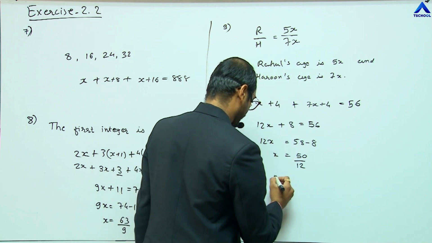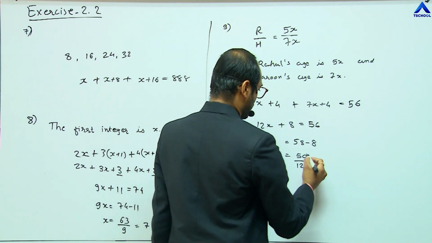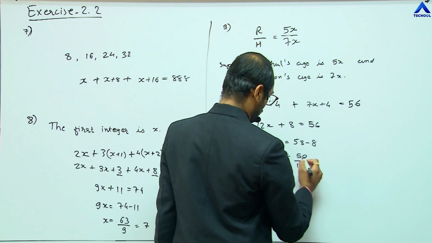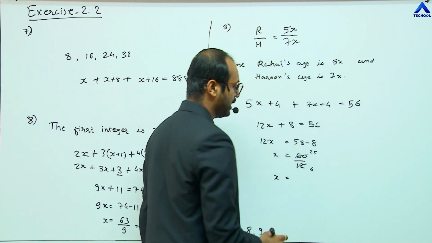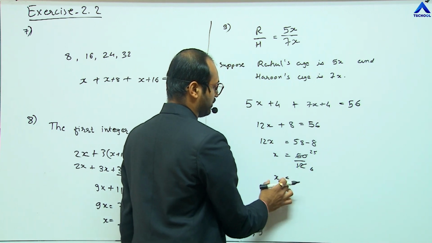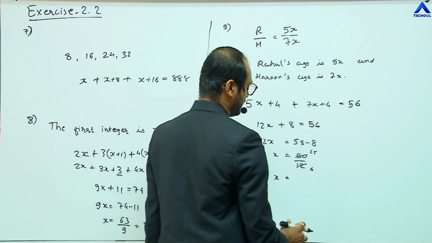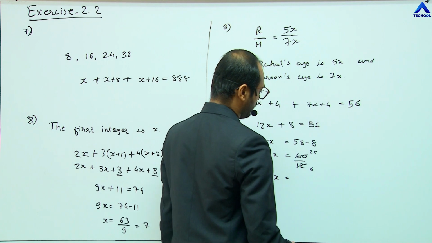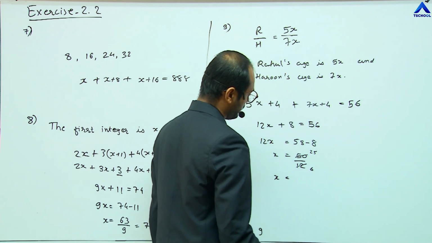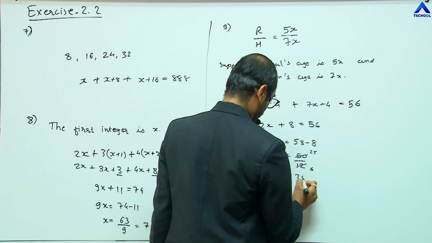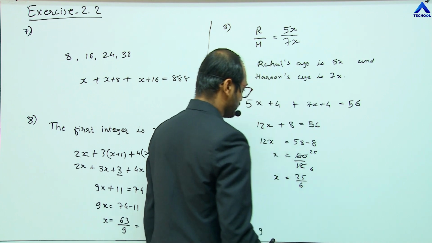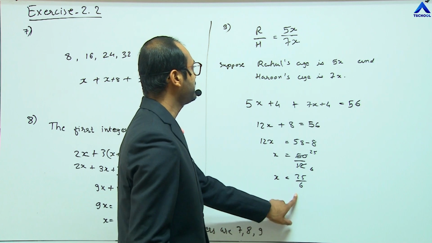So what is the simplification? x equals 50 over 12, that is 25 over 6. So the value of x is 25 by 6. Can you solve further? No, there is no simplification. So x equals 25 by 6.